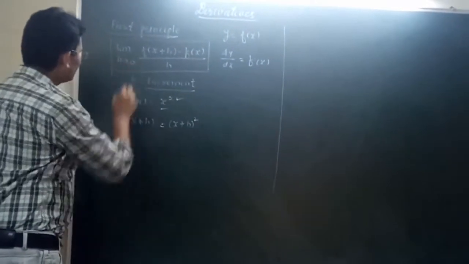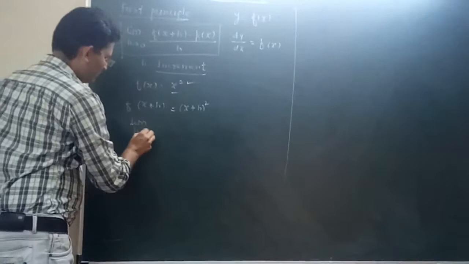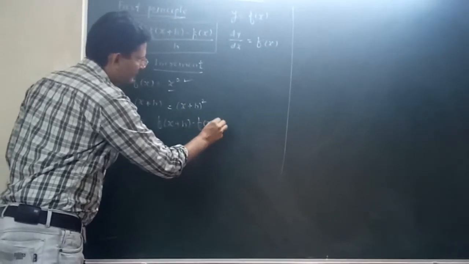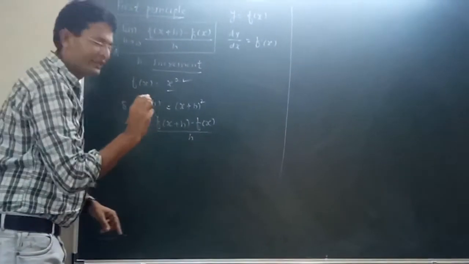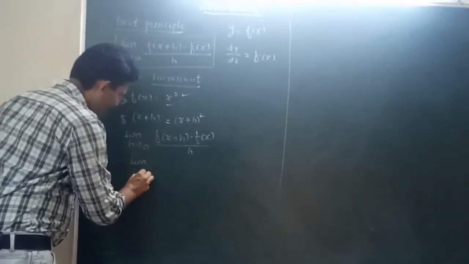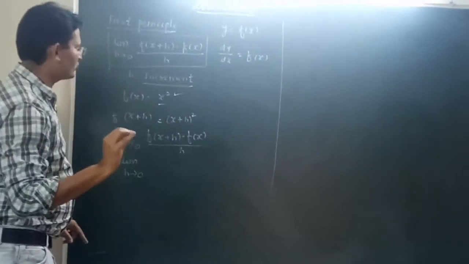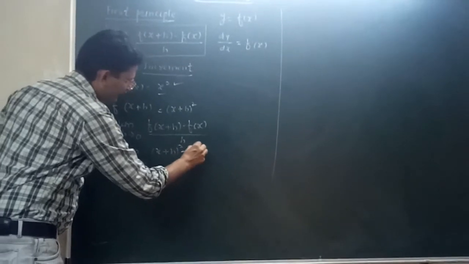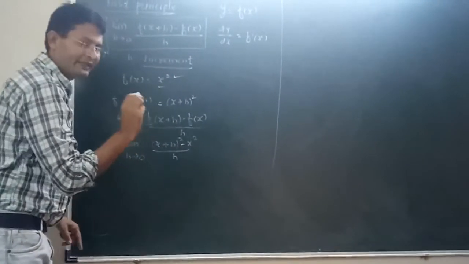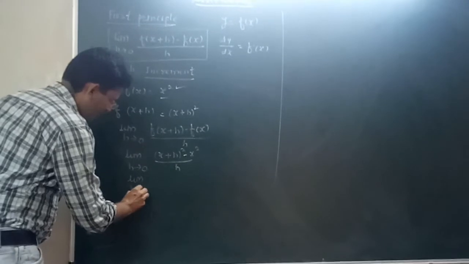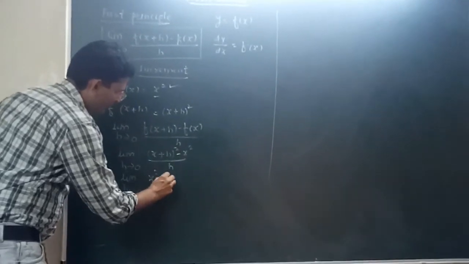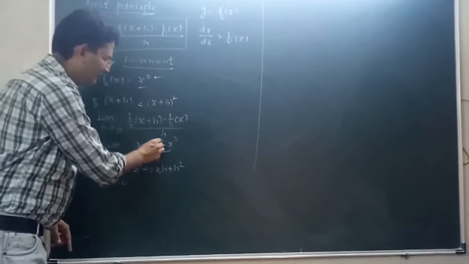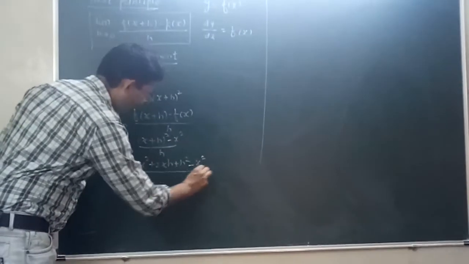Now according to first principle, limit h tends to 0, f of x plus h minus f of x upon h. The whole sum has to be solved with the limit method only. x plus h bracket square minus x square upon h, means limit h tends to 0, x square plus 2xh plus h square, expansion of this formula, minus x square upon h.